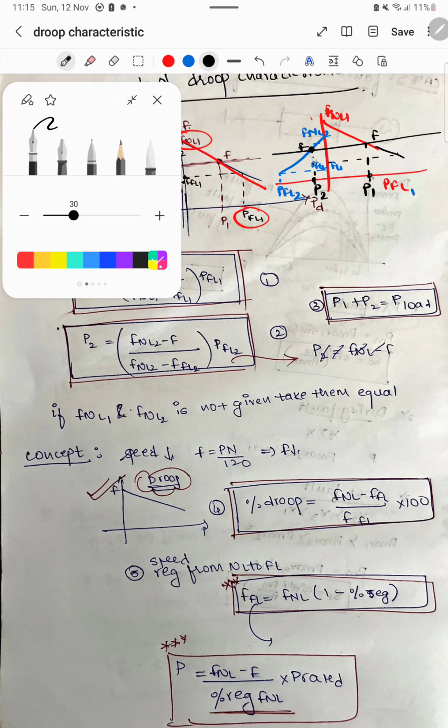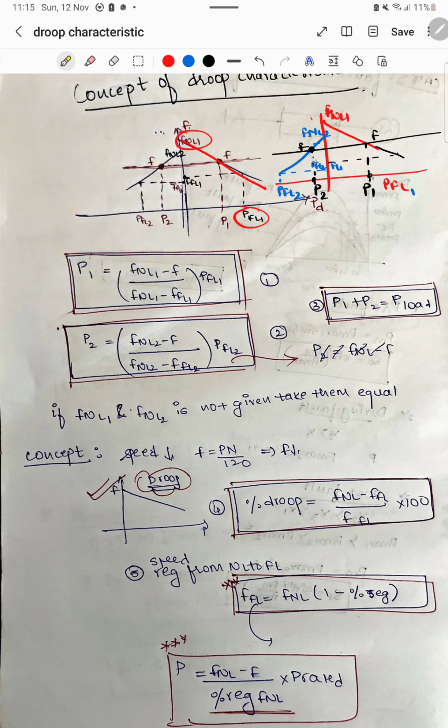Definitely. What we can do is take one triangle, this one, and another one, this particular triangle. One triangle will be simply this, another triangle will be the bigger one. That is it.